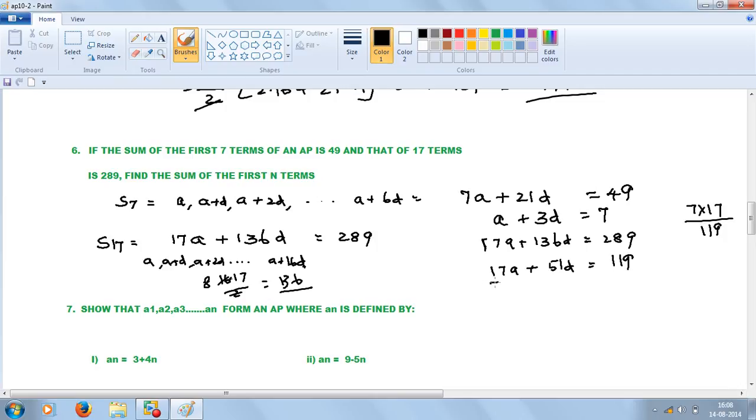So if you subtract, the first term will go, 136 minus 51, you get 85D is equal to, if you subtract here, 170. So D is equal to 2.